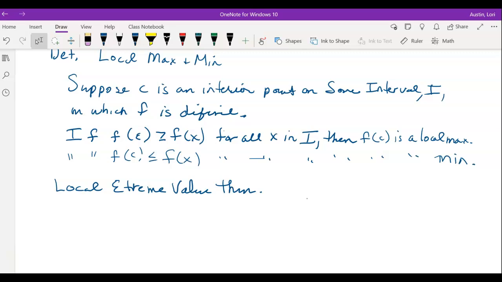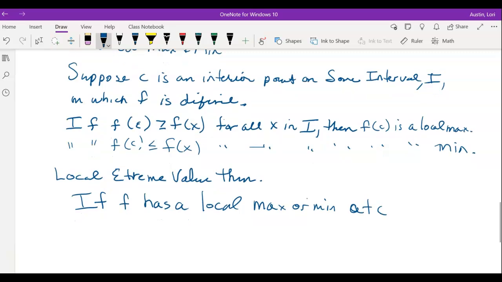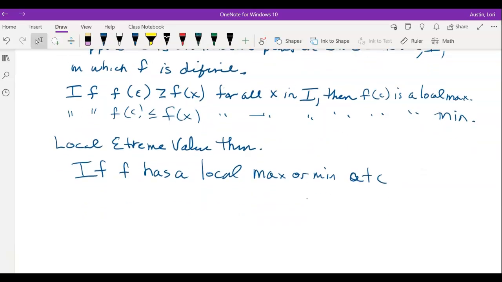So here we go. Let's see if you can finish this one. Here's the theorem. If f, your function, has a local max or min at C, and I know you can finish this one, and the derivative at C actually exists, all right, let's stop there.